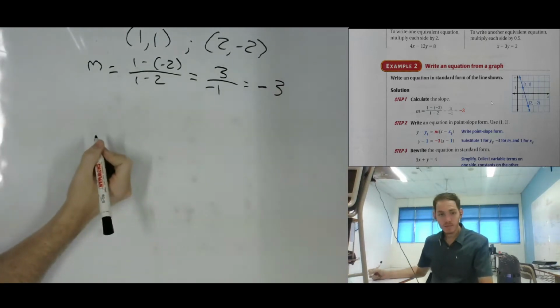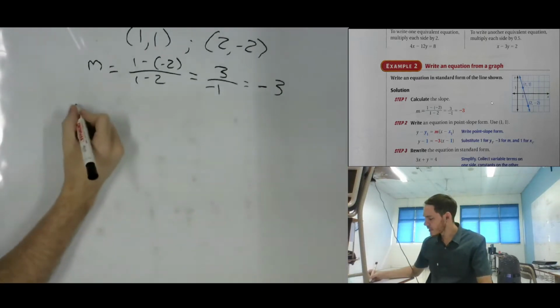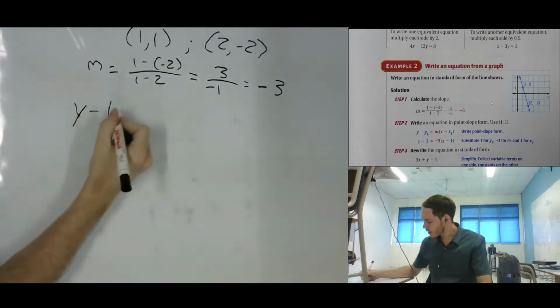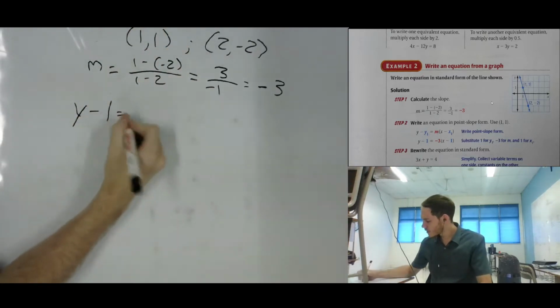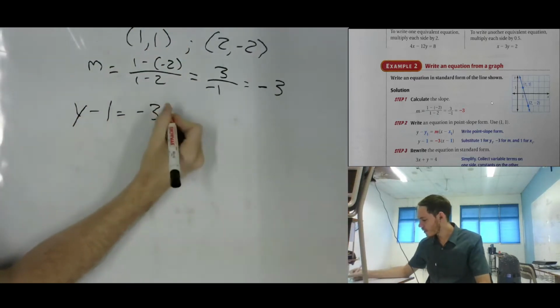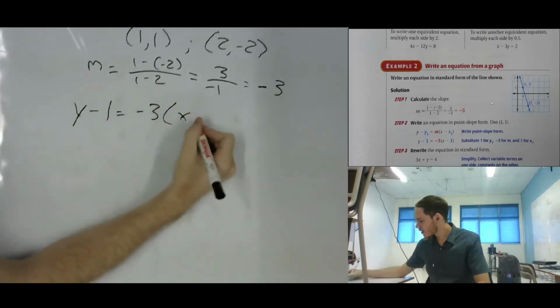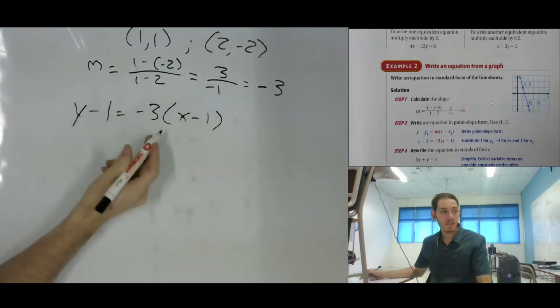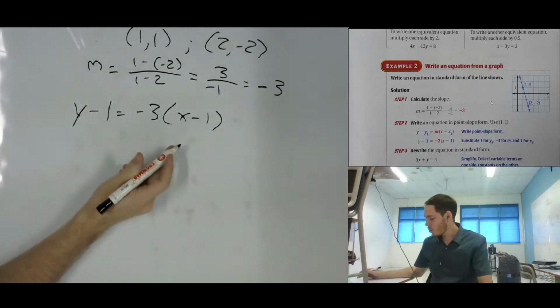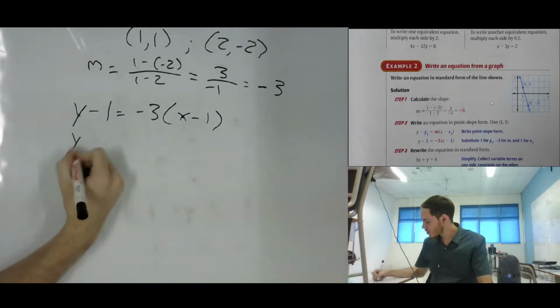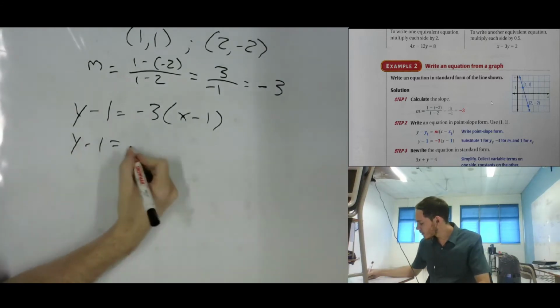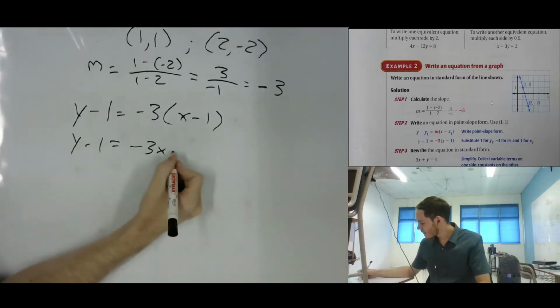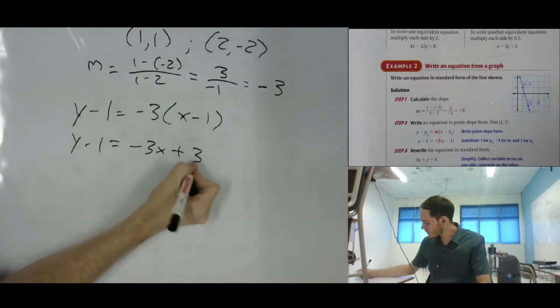Now, we could plug it in as point slope, so I'm just going to do that with this one right here. So we get y minus 1 equals negative 3, x minus 1. So distribute, and you get y minus 1 equals negative 3x plus 3.